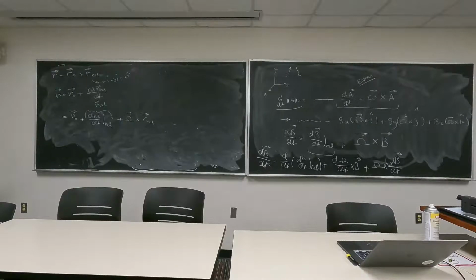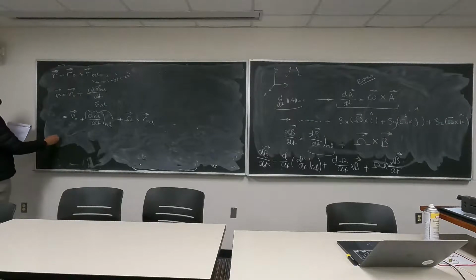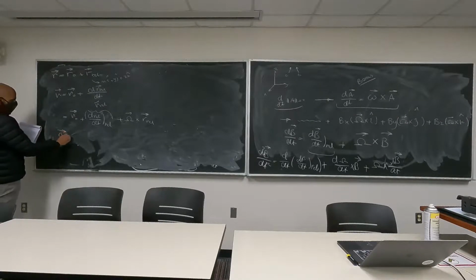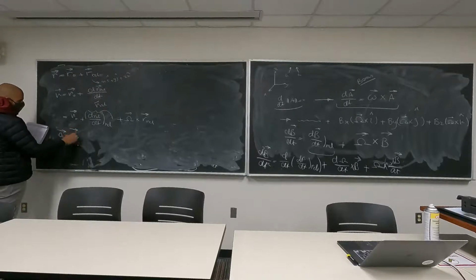Are we clear on this formulation? So your velocity is going to be equal to v naught plus v relative plus omega cross r relative. And this is just some mathematical operation. I'm pretty sure that if you were confused, you should be able to derive this on your own, because it looks a little complicated at first glance, but it's just a lot of mathematics.